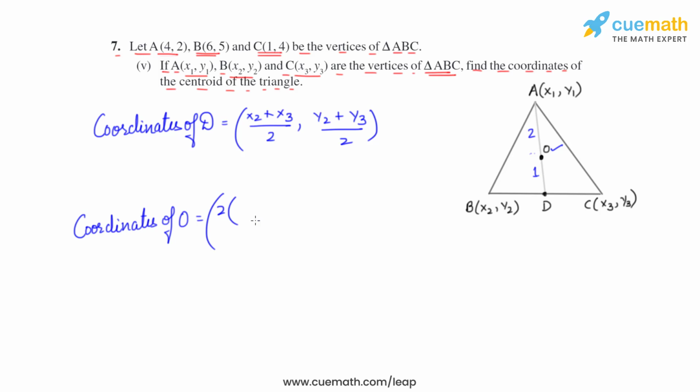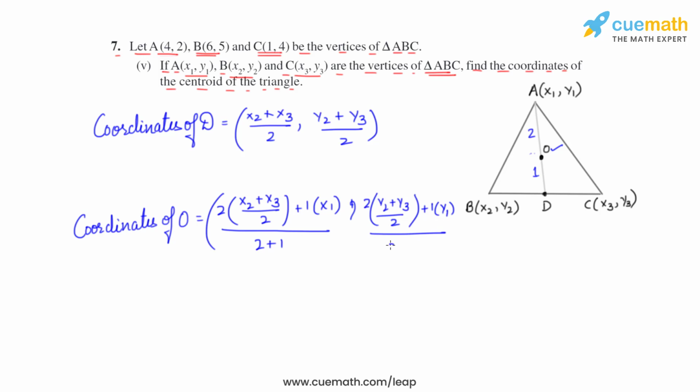So 2 into x2 plus x3 by 2 plus 1 into x1, divided by 2 plus 1, comma 2 into y2 plus y3 by 2 plus 1 into y1, divided by 2 plus 1.